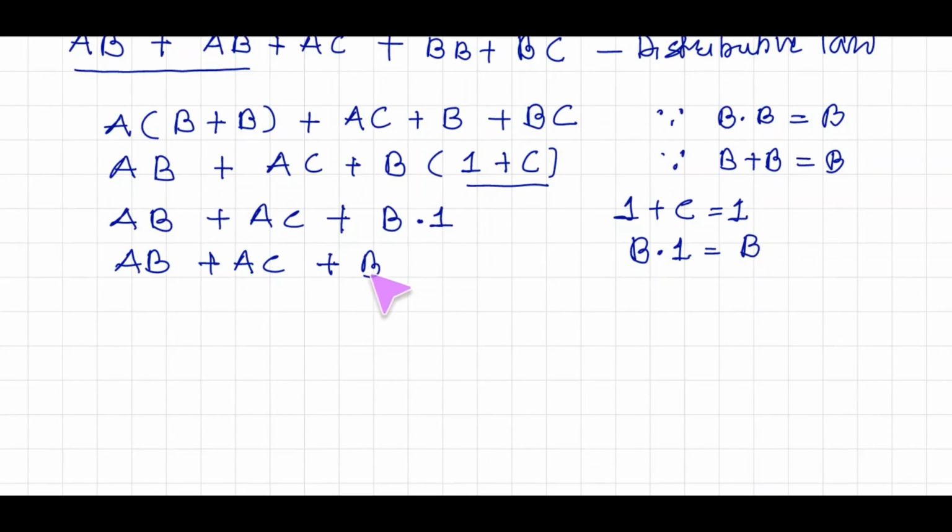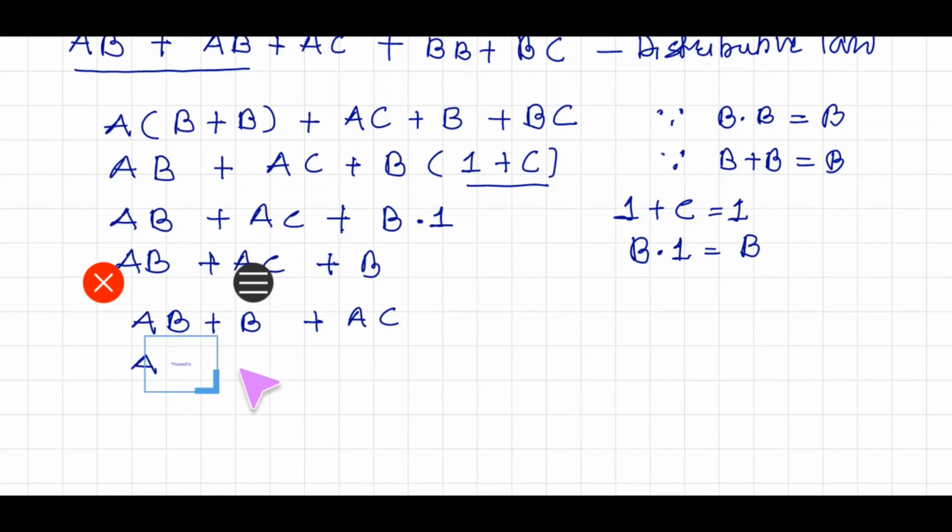We have got these three terms. Here it is, suppose, AB plus B plus AC. So here we can write A plus 1 into B, where B is common, plus AC.